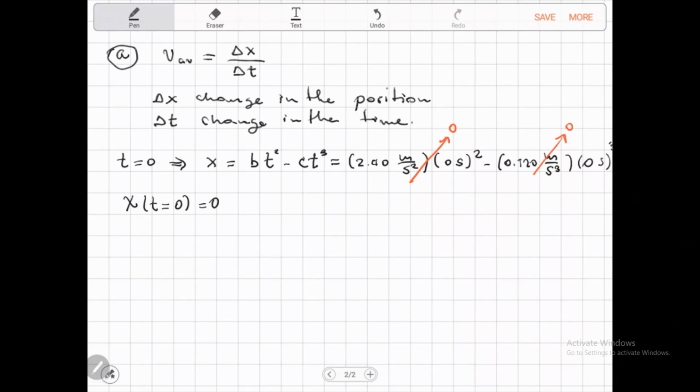Here t was equal to 0, but now we do this. If t is equal to 10 seconds, what is the position when t is equal to 10 seconds?